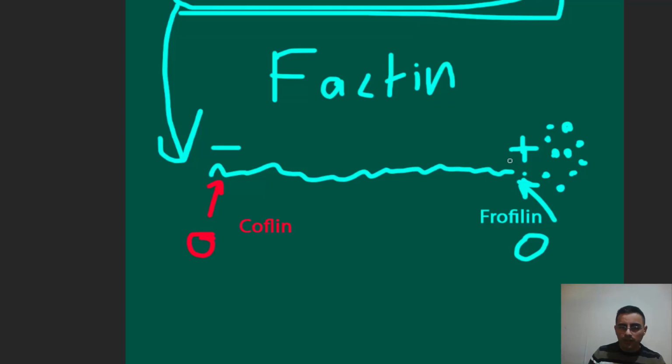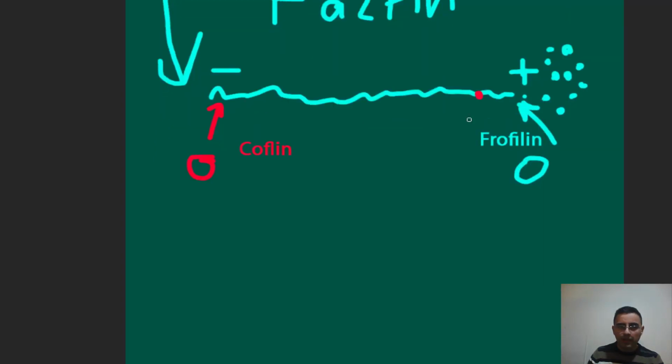Profilin assembles at this site, cofilin disassembles. If this monomer is here, after several hours this monomer will be here, then here, and then we'll disassemble it. But a new monomer will be formed here.